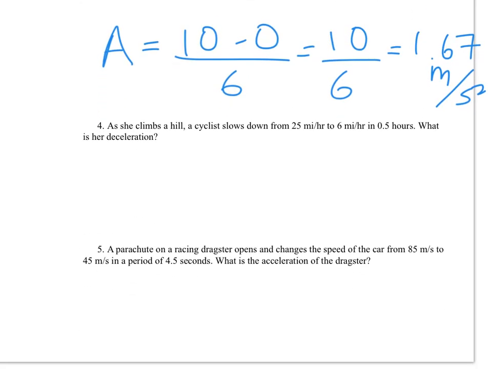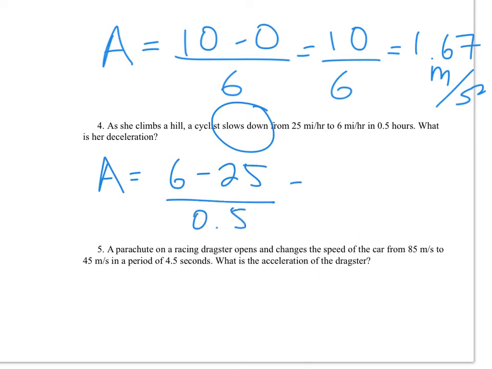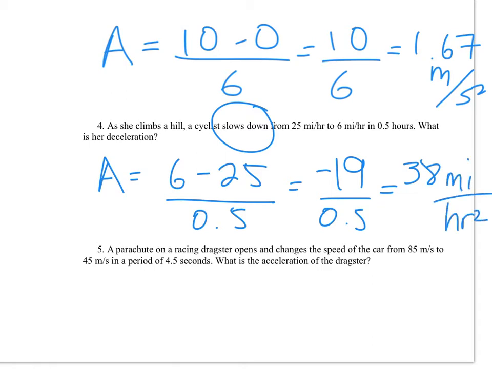As we continue, again, we have another example of deceleration. So we can say that 6 minus 25 divided by 0.5 hours is negative 19 over 0.5, which gives us negative 38 miles per hour squared.